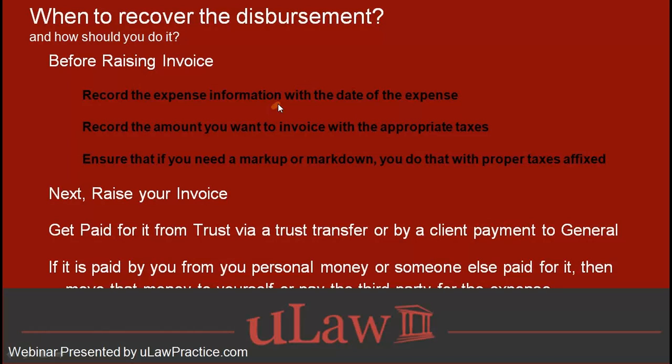When did you incur it? How much was the amount? How did you pay for it? Who's the client? What's the purpose? And the two variable components are what is the tax that's associated with that expense or disbursement, and if there is a markup or a markdown that you have negotiated for that particular expense.